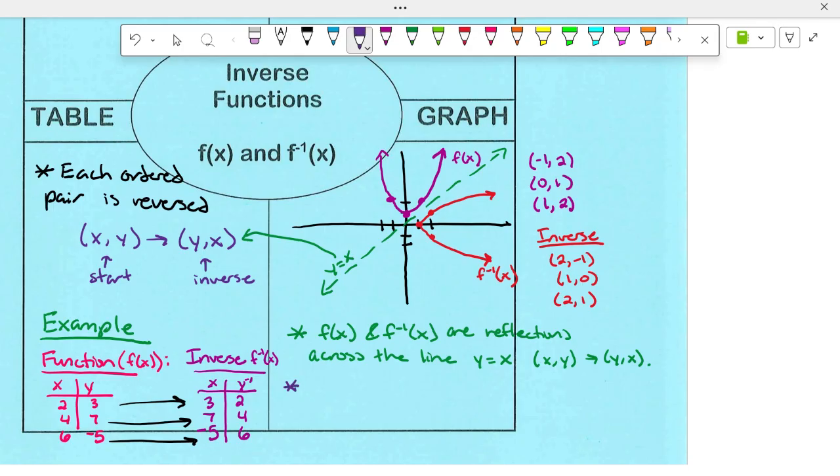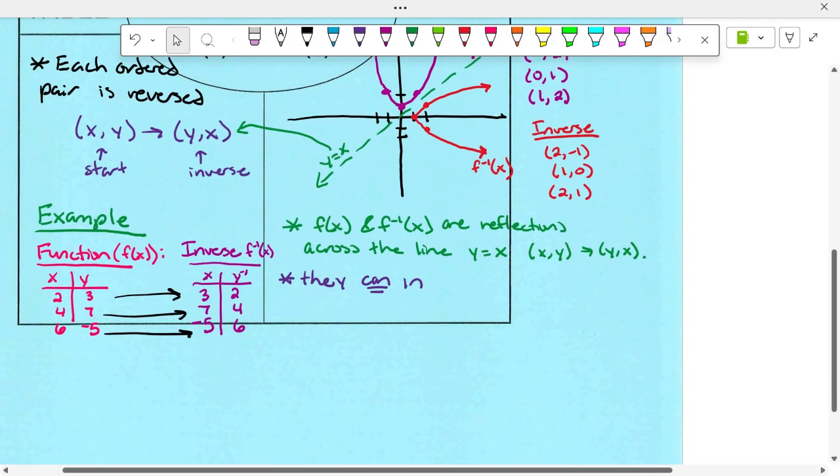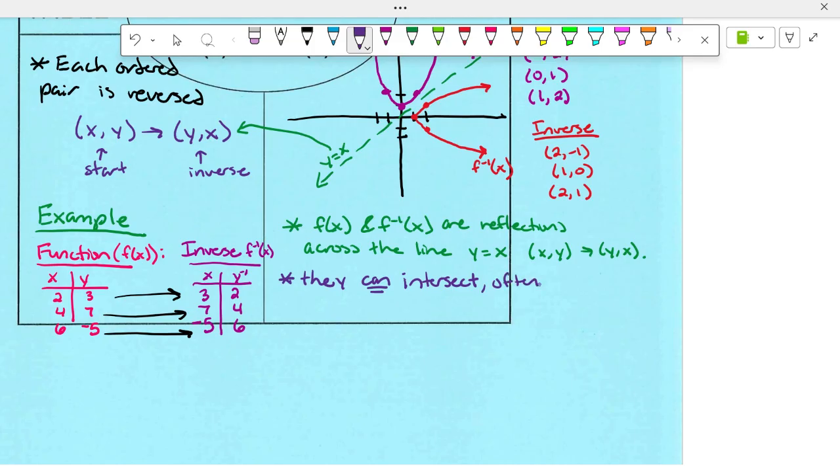Another thing to note is that even though they're reflections, they can still intersect, often on the line y equals x. So for example, if you had the point (4, 4), what's the inverse of (4, 4)? (4, 4). If you got the same number as both x and y, obviously the inverse will just be itself.